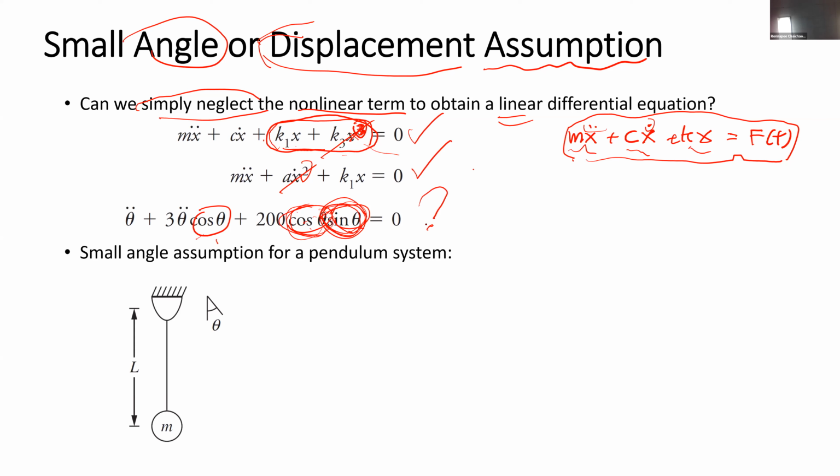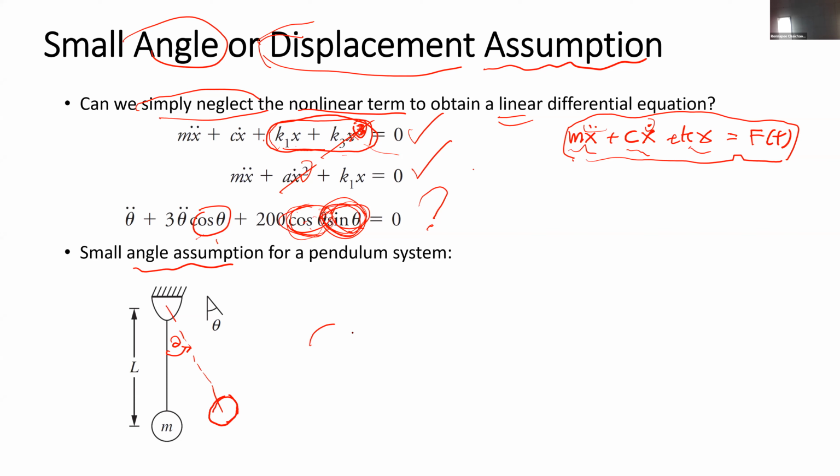How about the small angle assumption? In this system, what happens if the position is deviated by a small theta and the mass is at this point?